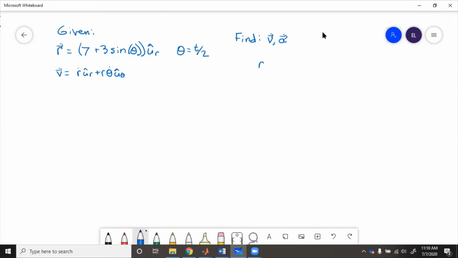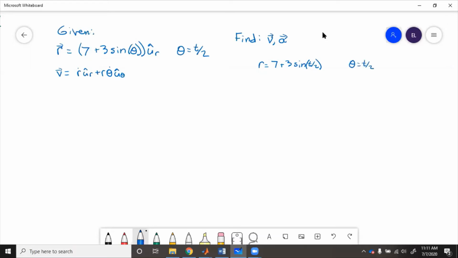So over here, we can have r. We know that r is going to be this whole thing in parentheses, 7 plus 3 sine of theta, which is t over 2. And then we know that theta equals t over 2 because that was given.